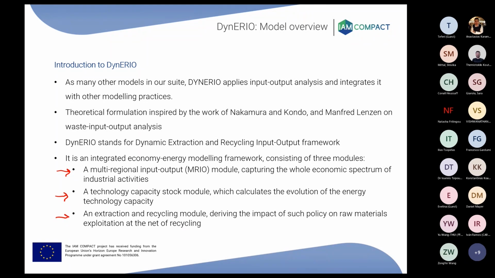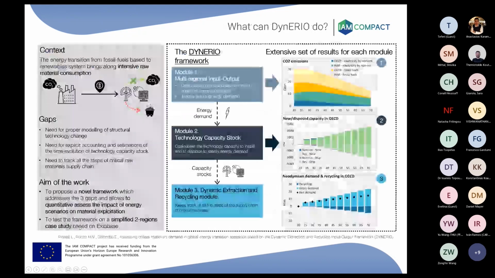And in the end, as a consequence of the capacity to be installed and the capacity disposed of, the final module quantifies what would be the extraction of new rare material and the contribution of recycling of such material, in order to derive the net demand of rare material for supporting a transition process.